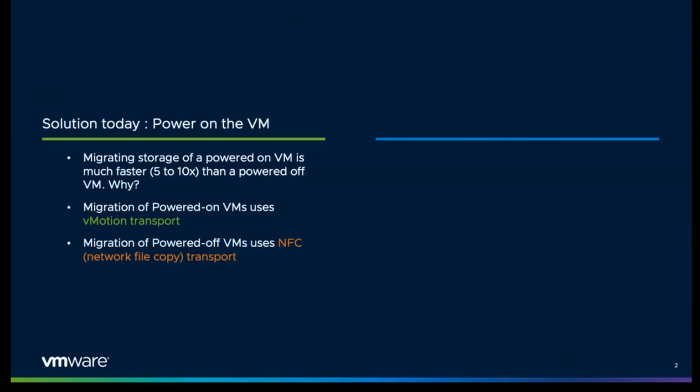I wanted to quickly also tell you what we do today. Since the migration is so slow, when customers approach us, what we tell them is just power on the VM. When they power on the VM and migrate the same VM with the same storage, it's 10 times faster. And when the customers ask us why, it's because we use different transport protocols. Like I explained to you, when the VM is in powered on state, we use a vMotion transport.